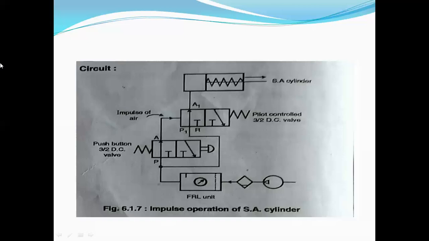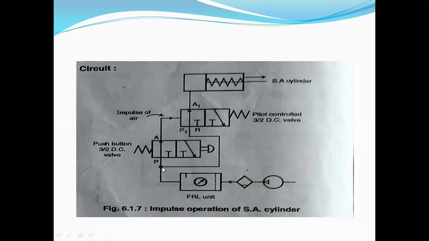So the impulse is basically a DCV. We operate the push button operated 3x2 direction control valve to A, and it will send the impulsive force to the impulse operated or pilot operated 3x2 direction control valve.